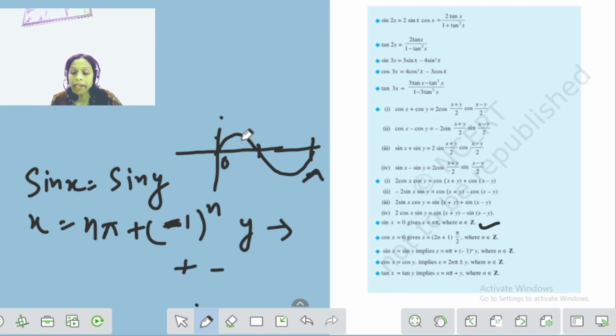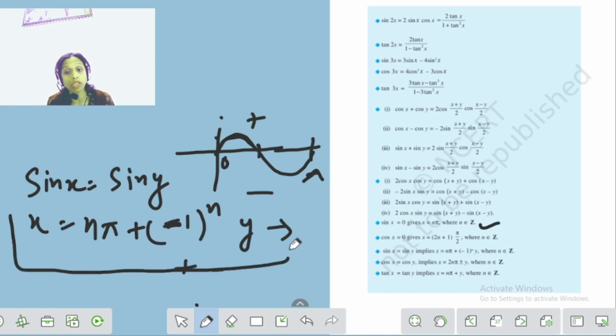In the sine x, the odd form would be positive and the even form would be negative. So there are two types here, first positive and second negative. When you generalize it, you will find this solution. That's why this is called the general solution of sin x.